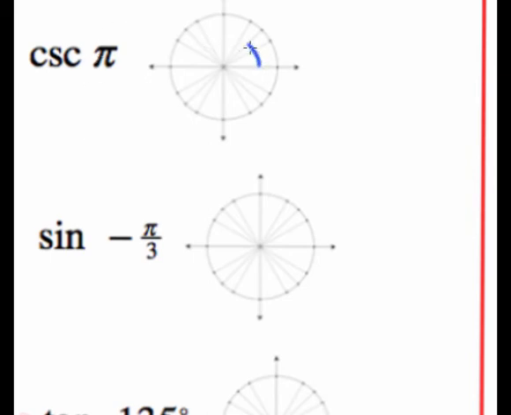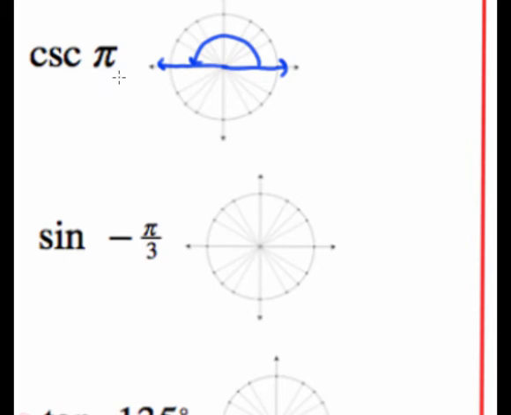If you notice, pi is right on the x-axis, so it would be difficult to draw a triangle. Because our terminal side is right on the x-axis, how in the world can you draw a triangle between this side and the x-axis? And the answer is you can't. So there's no way to draw a reference angle when you have something that falls on one of the axes.